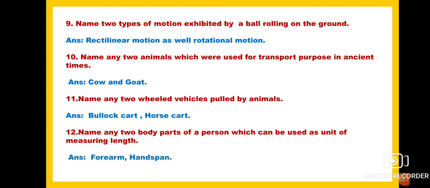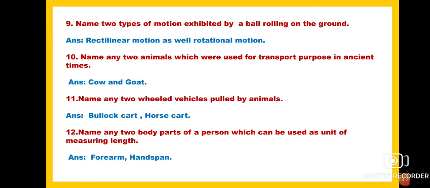Next, number 9. Name 2 types of motion exhibited by a ball rolling on a ground. Okay, so suppose you want to move a ball along the ground. When you throw the ball, first of all the ball will be moving on its own axis.